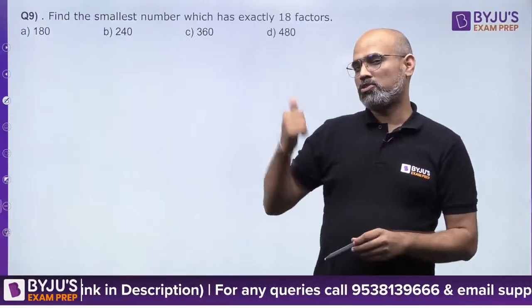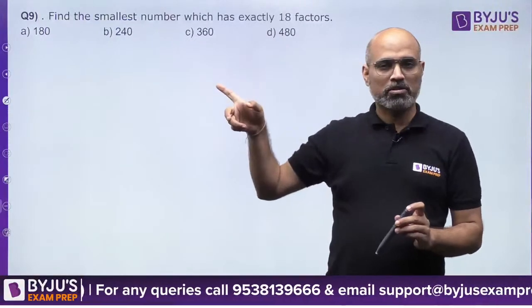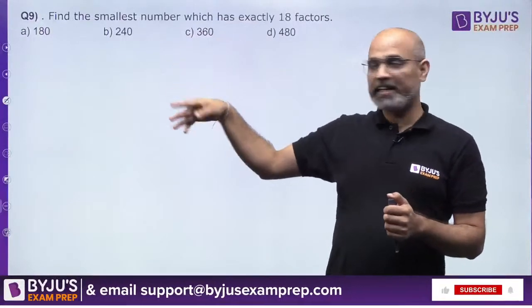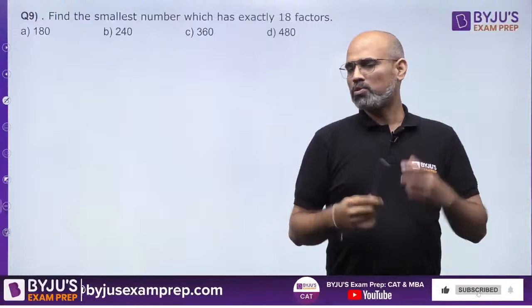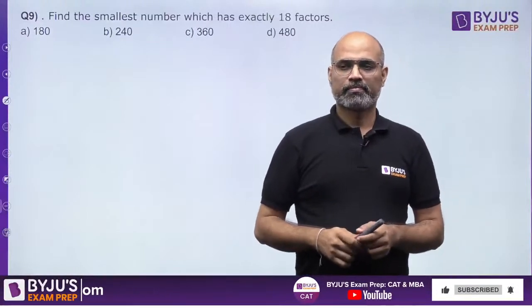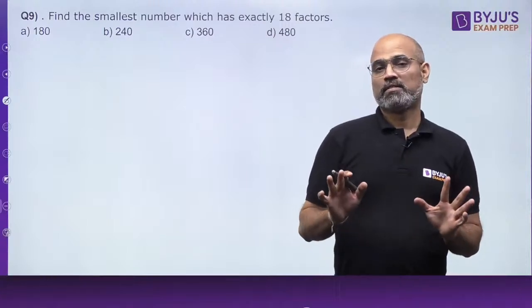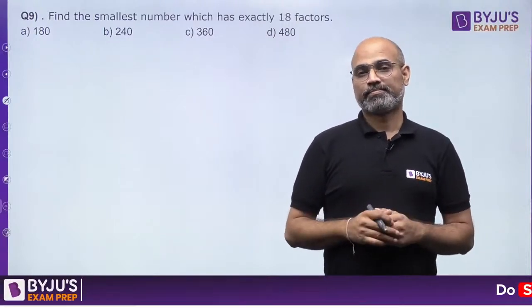Obviously start with the smallest option. Start with 180. If that doesn't give you 18 factors, go to 240. If that doesn't give you 18 factors, move to 360 and so on and so forth. Quick. This is pretty easy. Straightforward here.